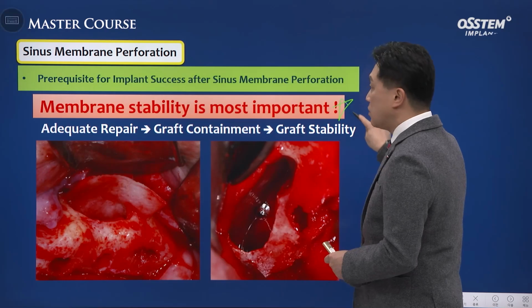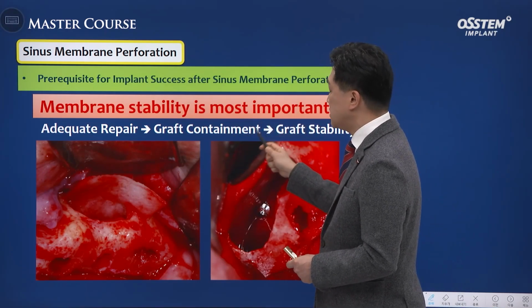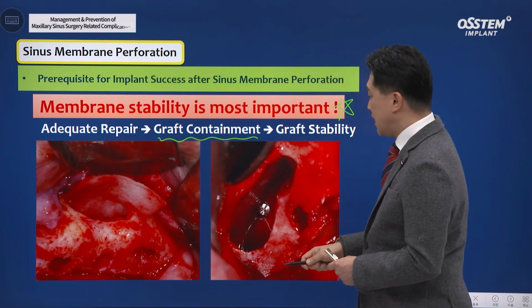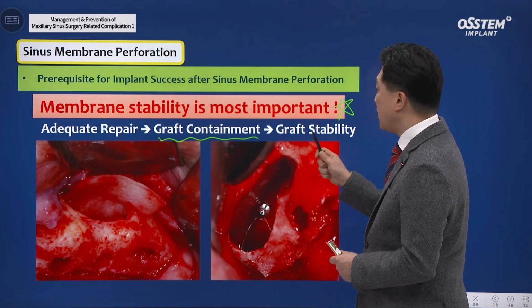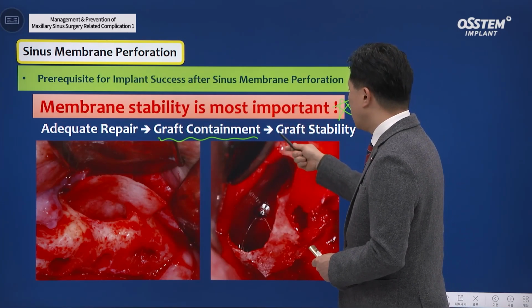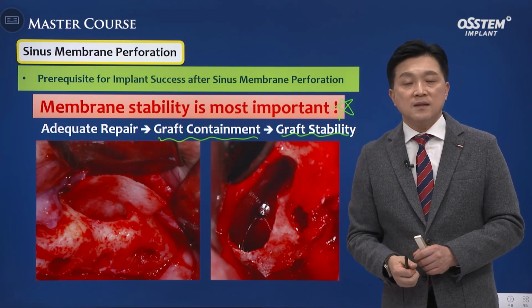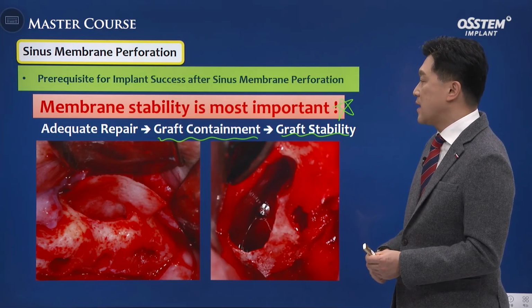By doing appropriate repair of sinus membrane, you can contain sinus graft materials. By doing repair, you can prevent micromobility of graft materials or leakage of such. Once we achieve graft containment, graft stability can be gained, leading to better bone regeneration. That is why membrane stability is most important. Please bear this in mind.